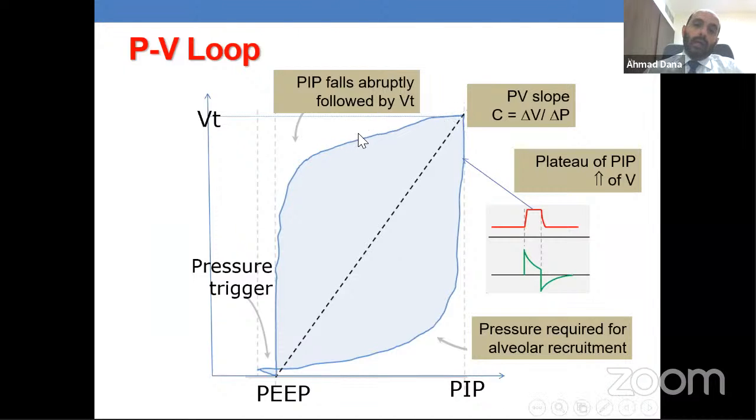Then go back again till you reach the closing pressure. So the volume will fall fast. This is the relationship between the volume and the pressure. You get the compliance curve. This is very important. From this pressure volume loop, you deal with the compliance.